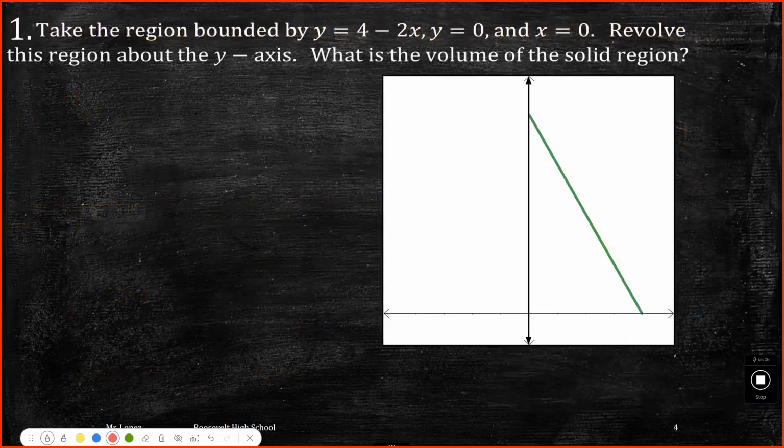Okay. Let's do one example. So what if we take the region bounded by y equals 4 minus 2x, which is the green line there, and then it's bounded by y equal to 0, x equal to 0, and we revolve this region about the y-axis, and what is the volume of the solid of this region?